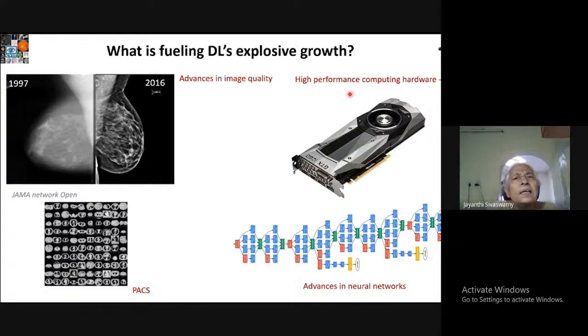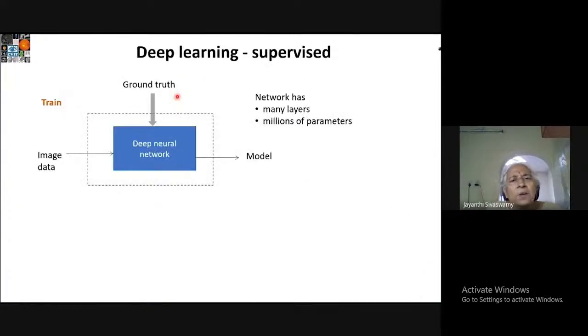So how does this differ from machine learning? Well, here you once again start with image data and annotation or ground truth, and you have a deep neural network here, and you train it. And at the end of the training stage, we have what is called a model. Because the network has so much depth, it has many layers, and each layer has some parameters to be tuned.